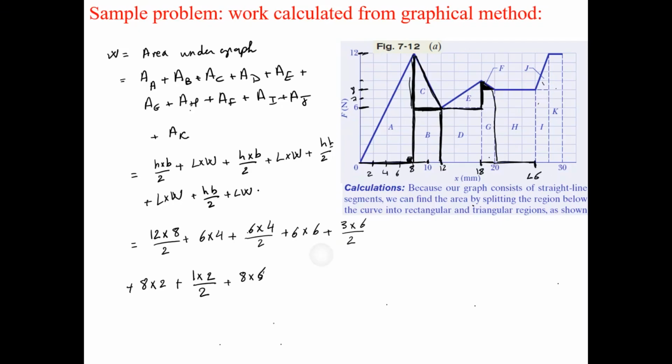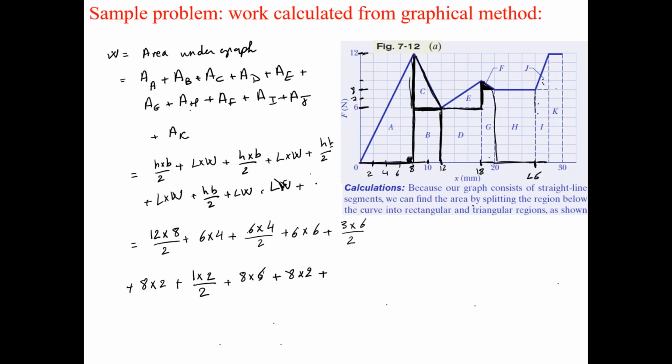I is a rectangle as well. So I'll put length times width again. So for section I, the length is 8. The width is 2. For section J, I have a triangle.